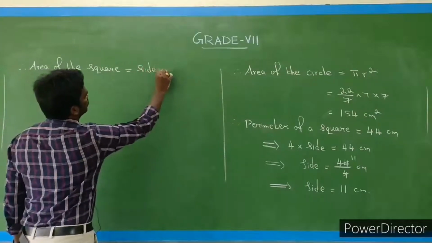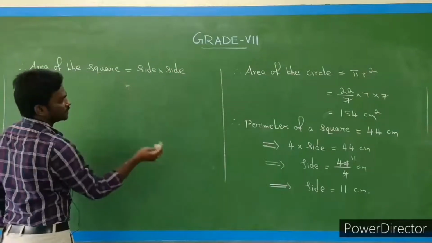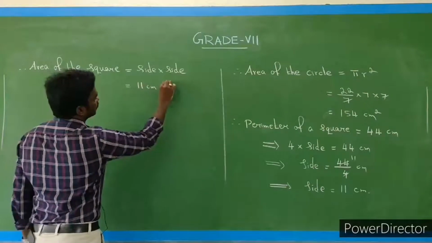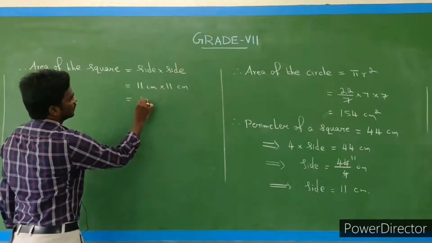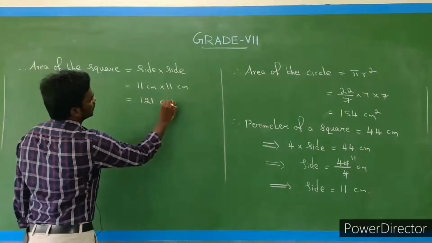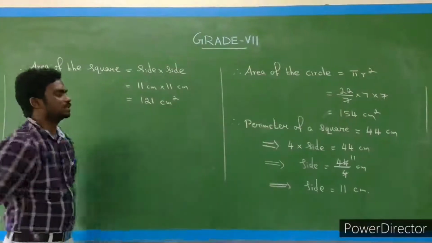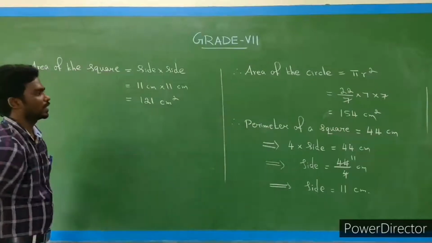Side into side, which is equal to 11 centimeter into 11 centimeter. What is the value of 11 into 11? 121 centimeter square. So area of the square is 121 centimeter square and area of the circle is 154 centimeter square.